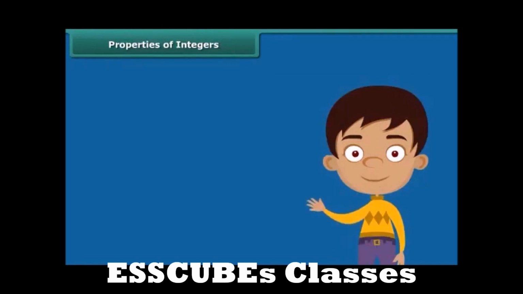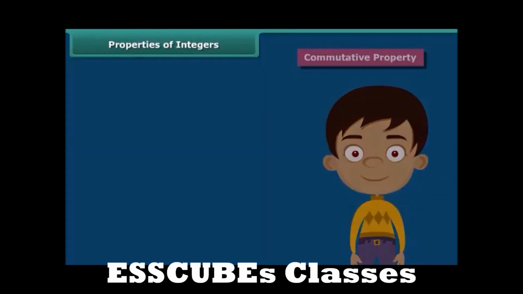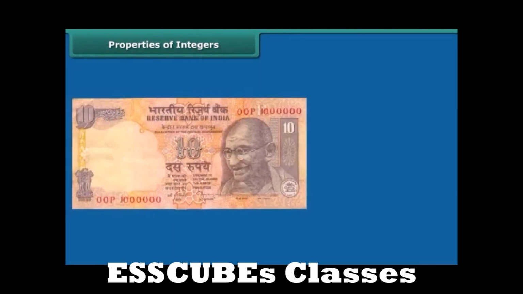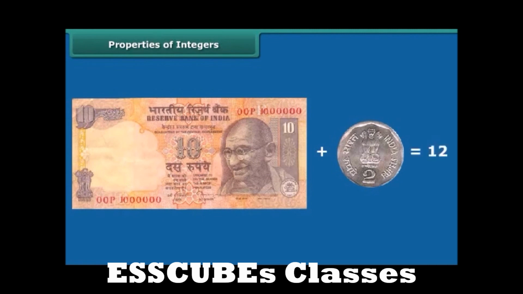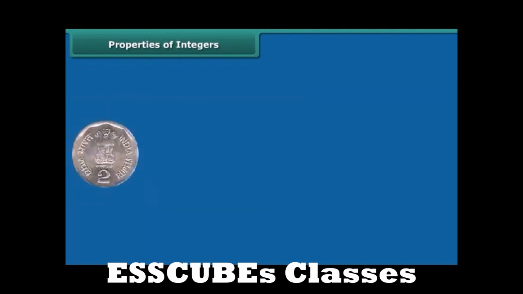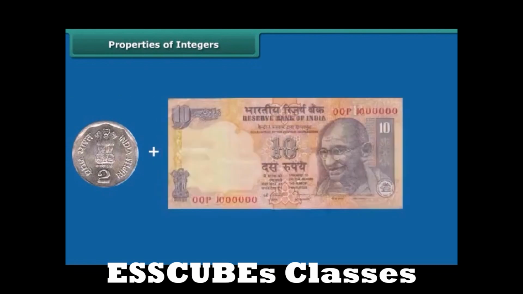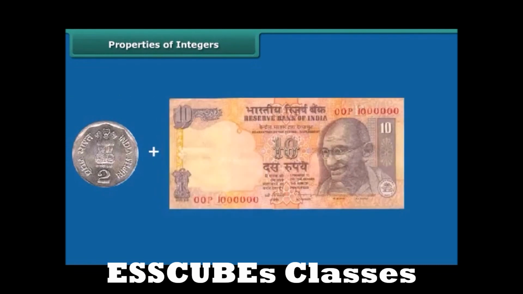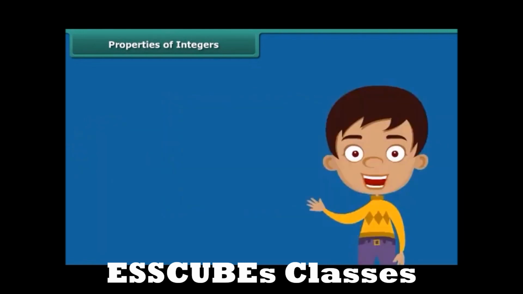Let's now move towards another property, that is commutative property. This is a 10 rupee note. If we add one coin of 2 rupees in it, we will get 12 rupees. Now take a coin of 2 rupee and add one note of 10 rupee in it. Again, we will get 12 rupees. Or we can write it as 10 plus 2 is equal to 12.